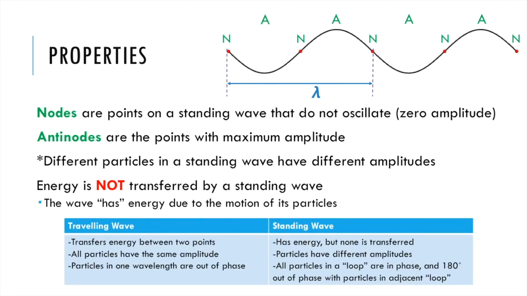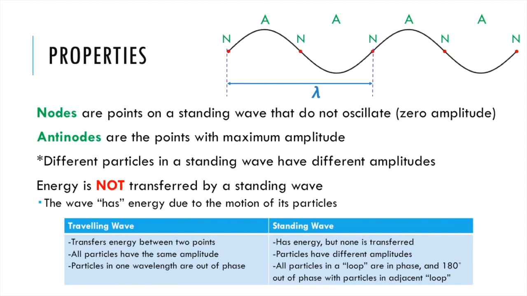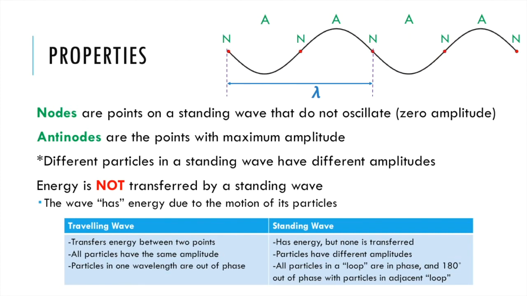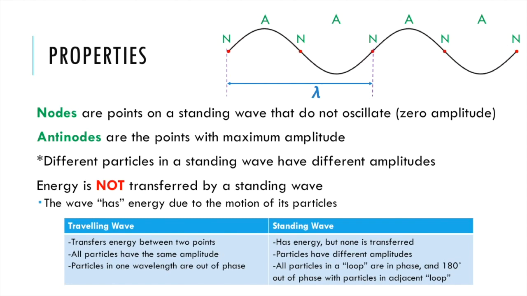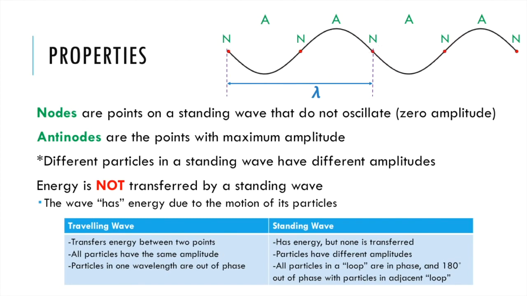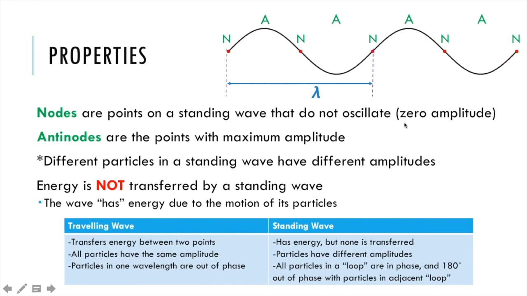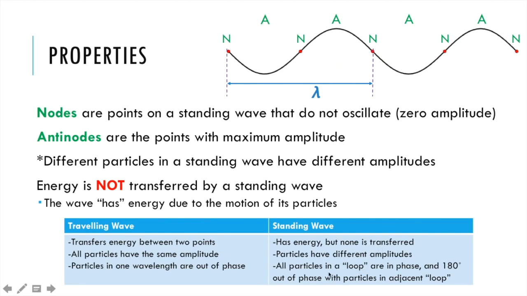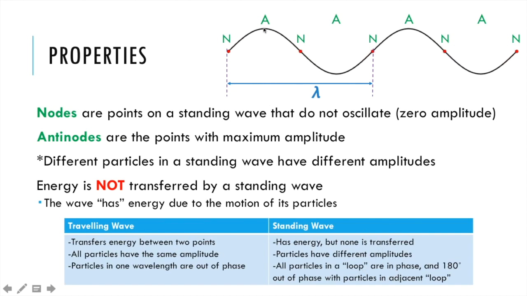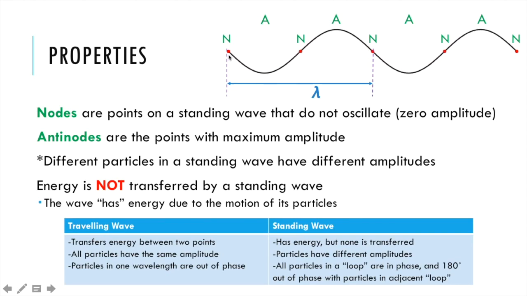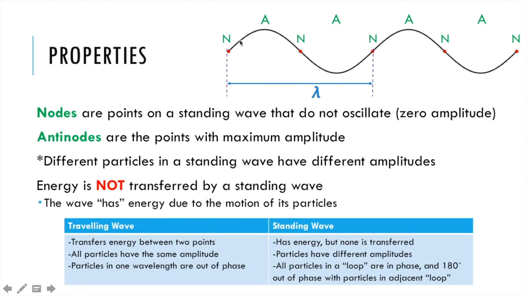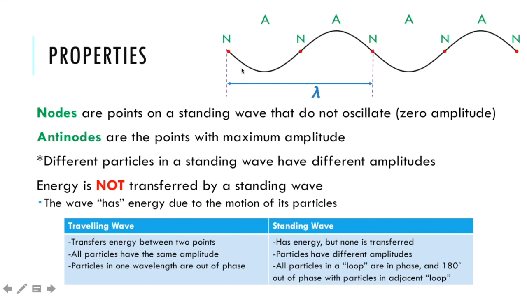This table details some of the important differences between a traveling wave and a standing wave. You do want to memorize these and be able to compare them. Notice the last point here talks about the particles in a loop being in phase. All the points, say, between these two nodes move up and down together.